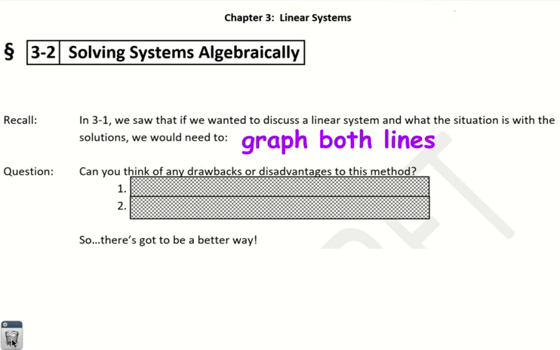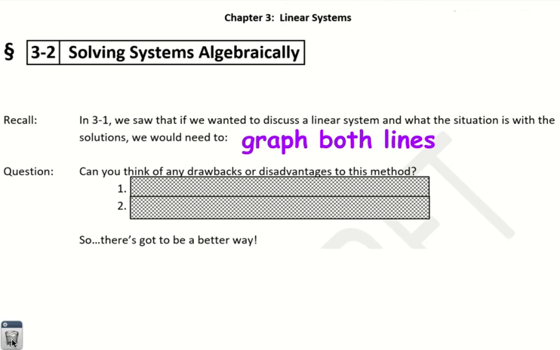But question: can you think of any drawbacks or disadvantages to the graphing strategy, graphing both lines to see where they might cross, and therefore what the solution would be?